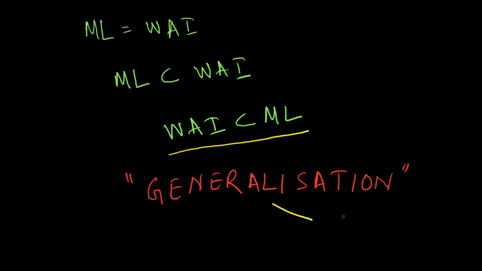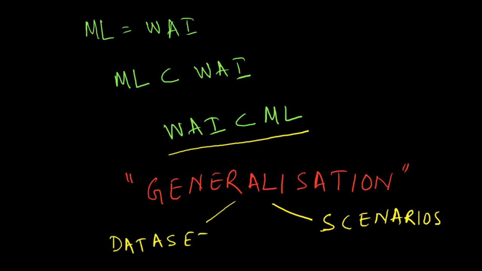So that is one kind of generalization, where the generalization is happening over different scenarios. But there is a simpler kind of generalization, in which we have made large progress, which is generalization over other data sets.